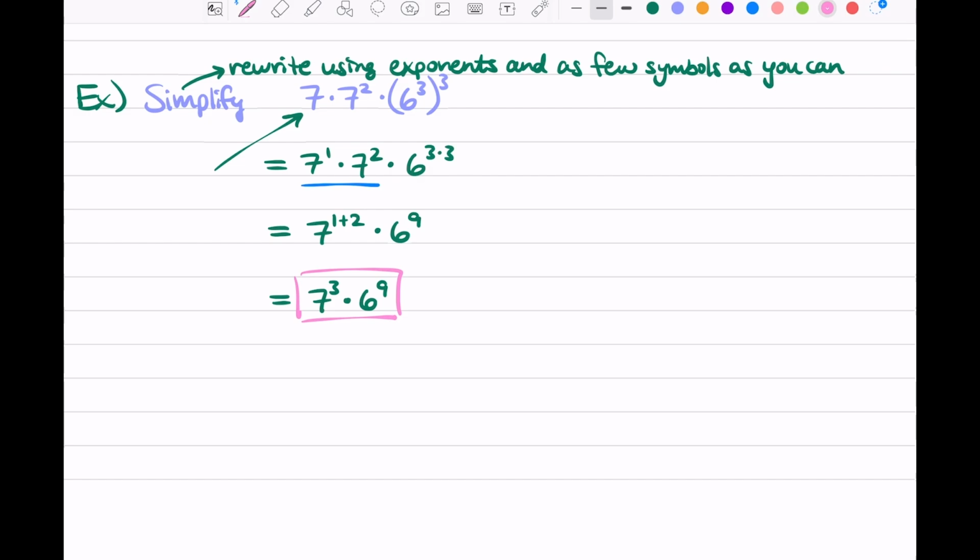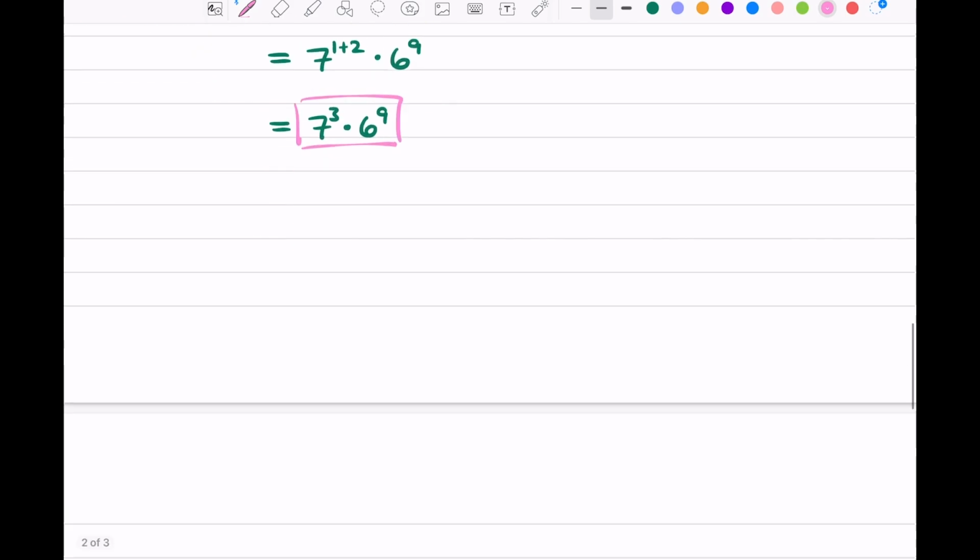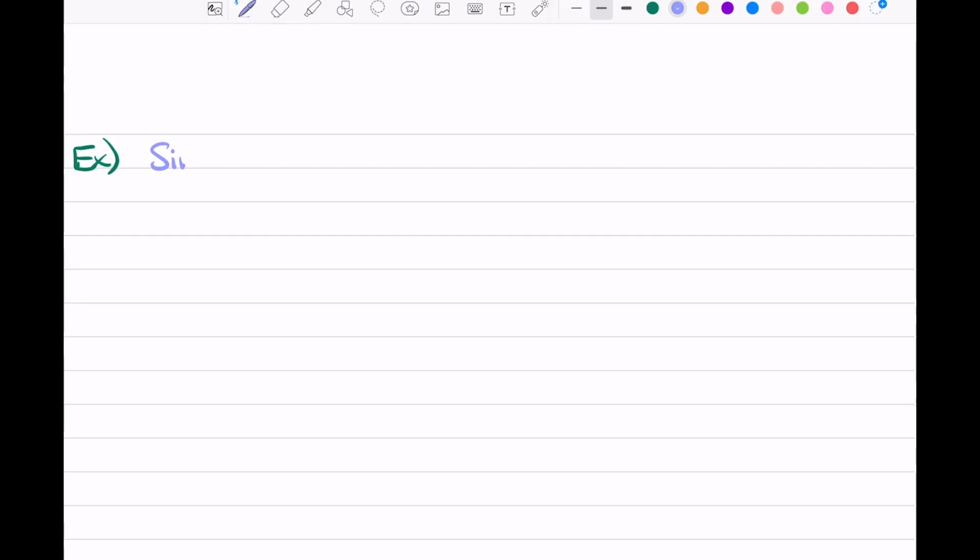All right, let's try one more example. Simplify 3 squared times 4 squared times 3 to the third, and all of this is squared.